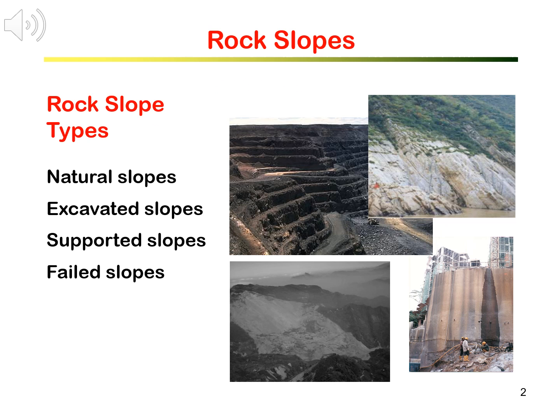Let us start with a general description of rock slope types. Here are photos showing some of the different slopes. On the upper right, it is a natural slope. That is a slope formed naturally and perhaps has been there for a long time. They are forming the hillsides, riverbanks, coast shores, and the cliffs.